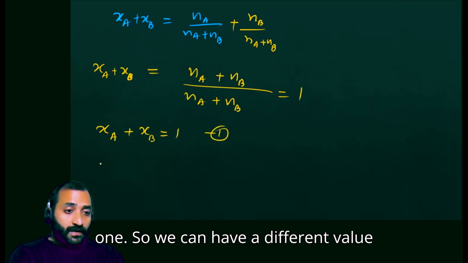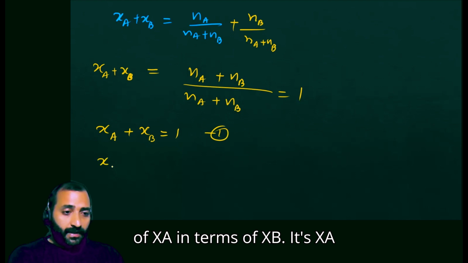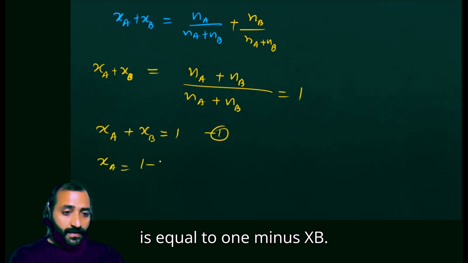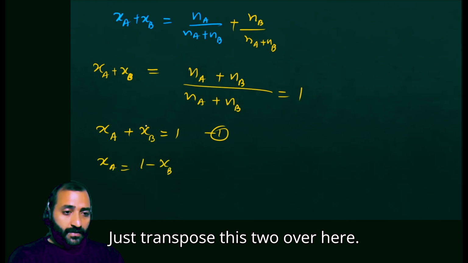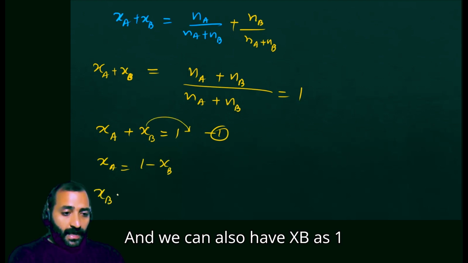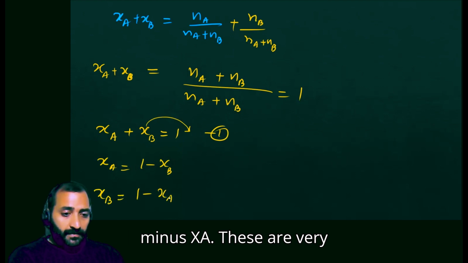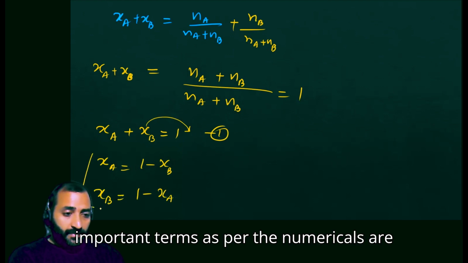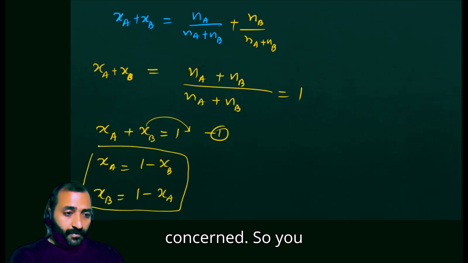Mark this one. So we can have a different value of xa in terms of xb. It's xa equal to 1 minus xb, just transpose this over here. And we can also have xb as 1 minus xa. These are very important as far as numericals are concerned.